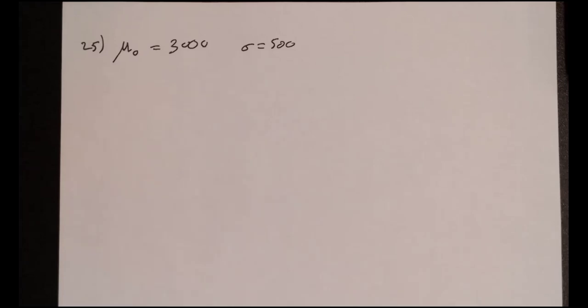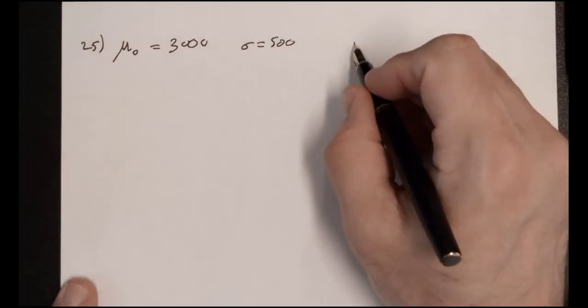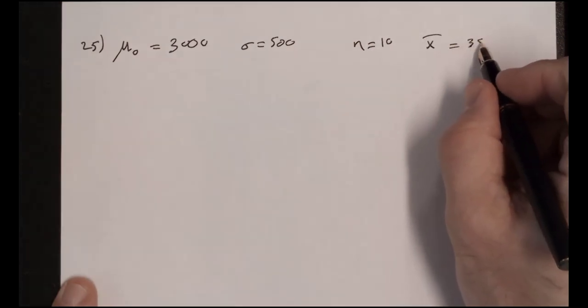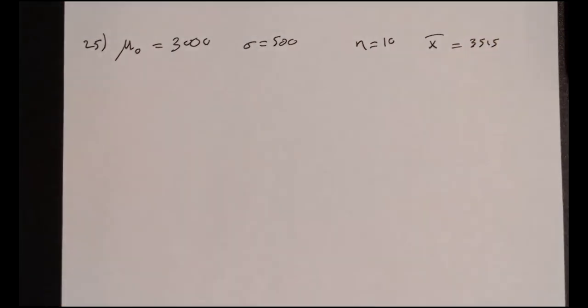And then we take a sample of 10, and we see that they have an average of 3,515 hours because of this new ballast system. And we're asked, does the new system have an average that is exceeding the current average?